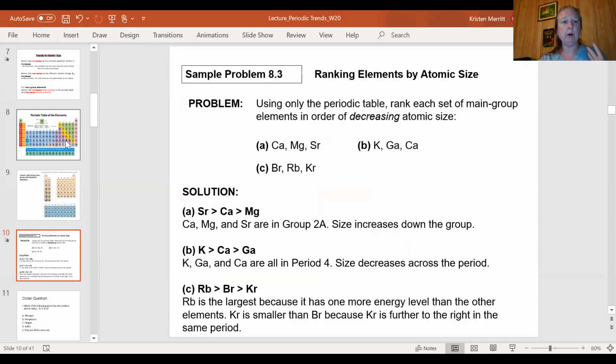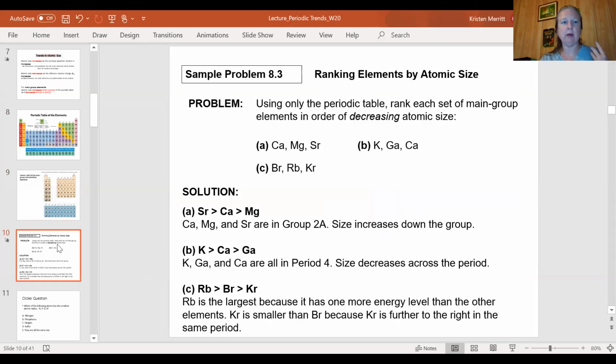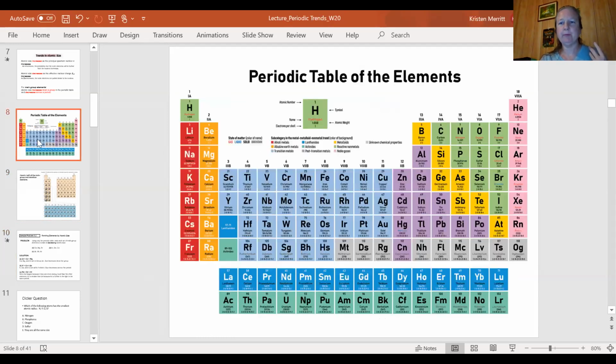Rubidium, bromine, and krypton. Well, here's krypton, and here's bromine. Here's krypton, here's bromine, and where's rubidium? There's rubidium way over here. So rubidium is going to be the largest.